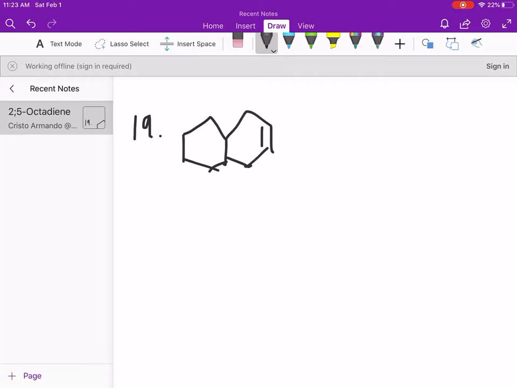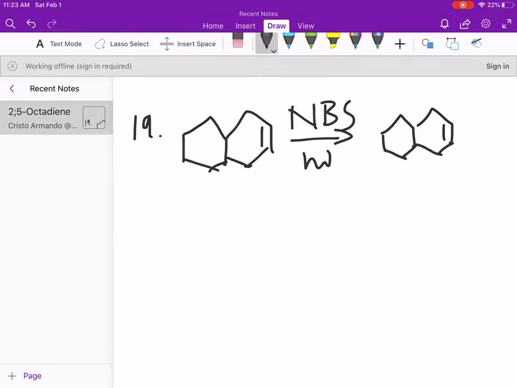It is problem number 16. So we have the NBS, the light. So what's going to happen first? We know that our product is going to look like this because we've done this reaction in problem number 16. But how do we get here?